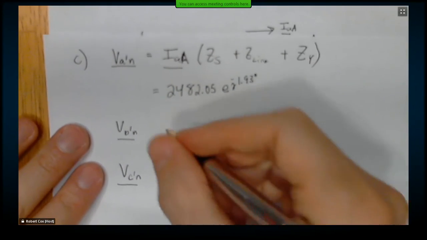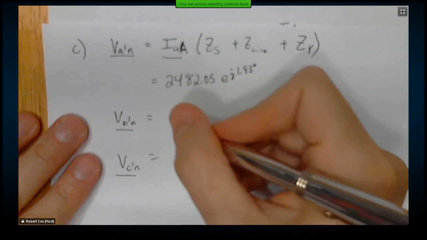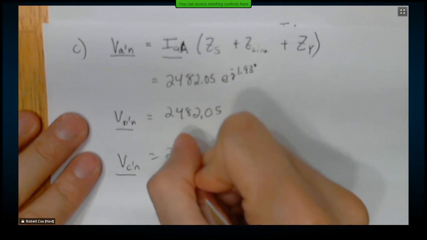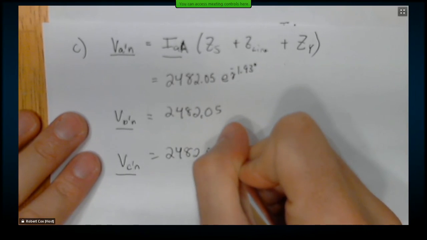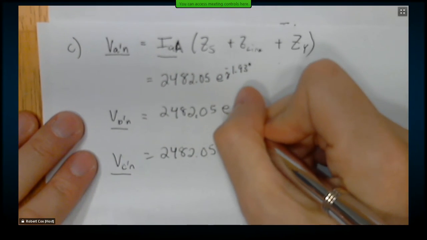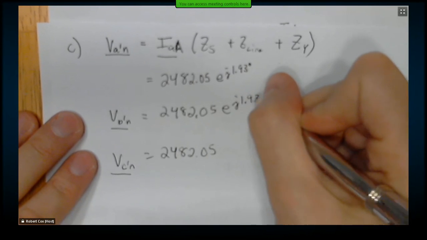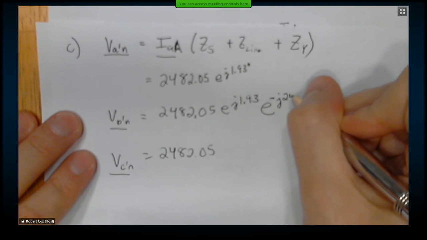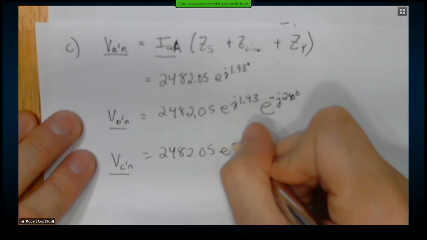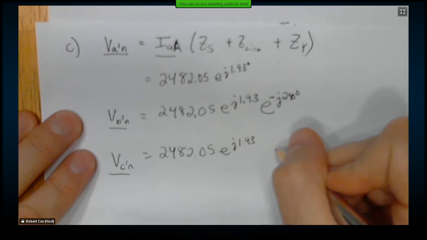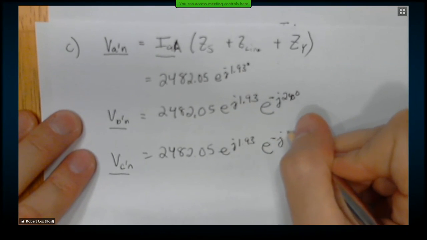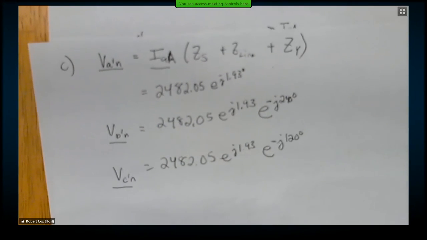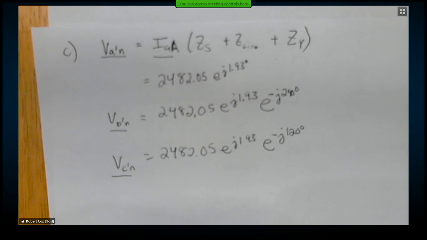Each of these is going to have the same magnitude, 2482.05. Now, because it's a negative sequence set, the B phase is behind by 240 degrees, and C phase is behind by 120 degrees. That should match pretty closely with what they have. And it does.